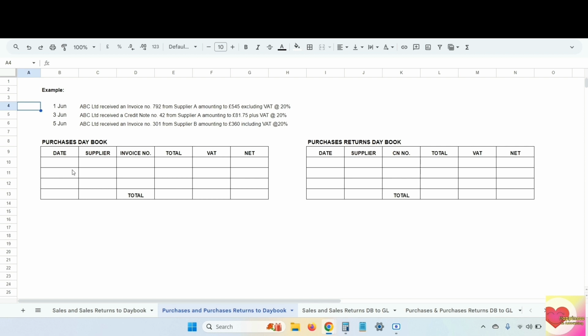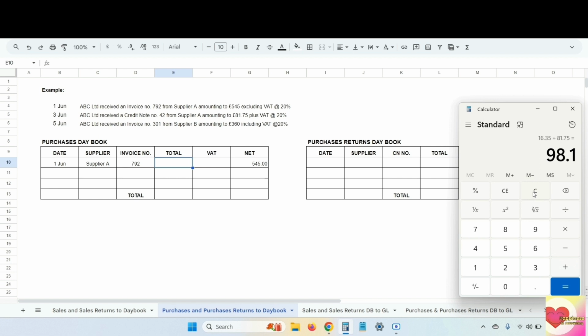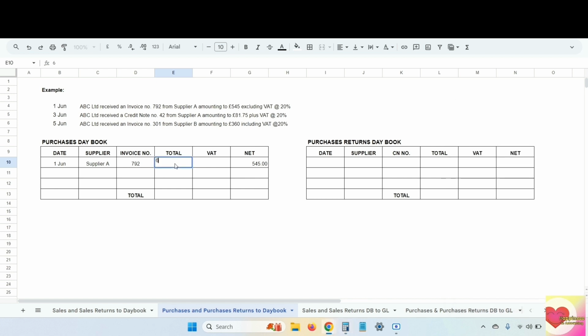Let's enter the details to our purchases daybook like the date, supplier name, and invoice number, and the amount to our net column. To get the total amount from the net amount 545, let's multiply it by 120% or 1.2. 654 is our gross amount.